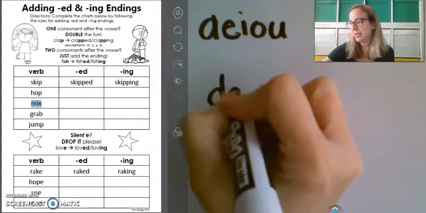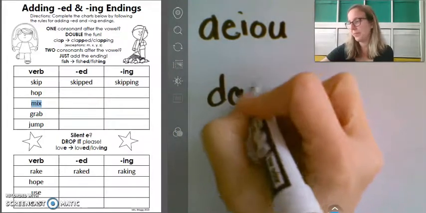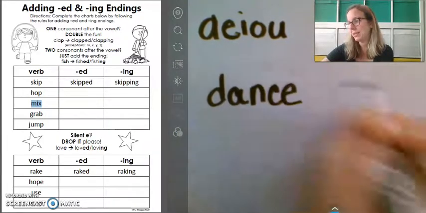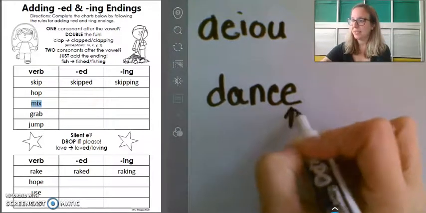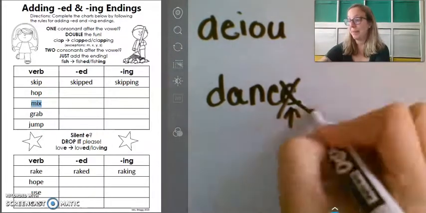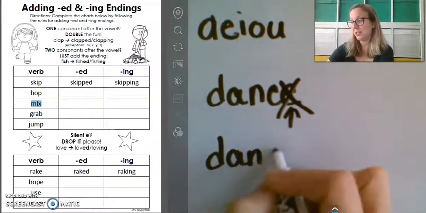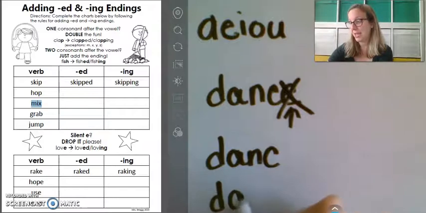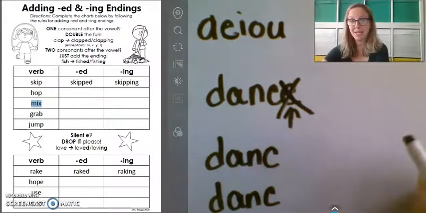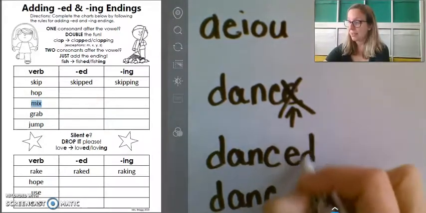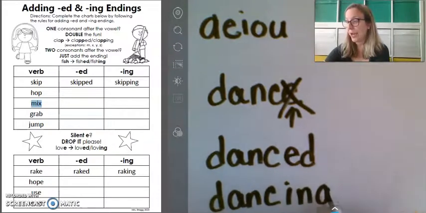Okay? So, I like to dance. Now, dance ends with this silent E. So drop it, please. Make it go away. And then add your endings. So now I just have D-A-N-C. I dropped that E. And then I can add either ED or ING.